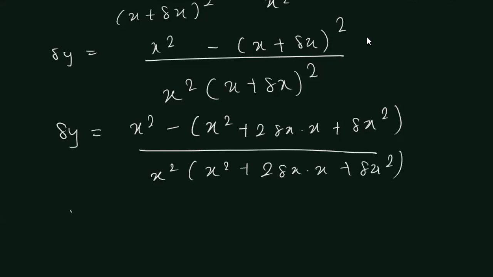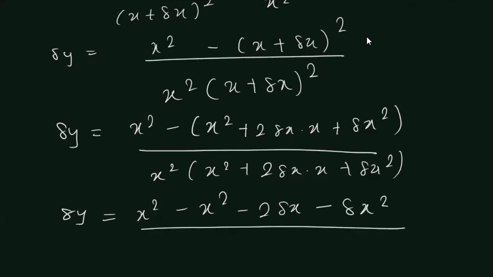So delta y is equal to what? x squared minus x squared minus 2x delta x minus delta x squared, divided by x to the power 4 plus 2x cubed delta x plus x squared delta x squared.